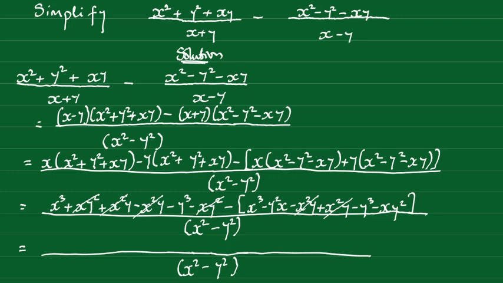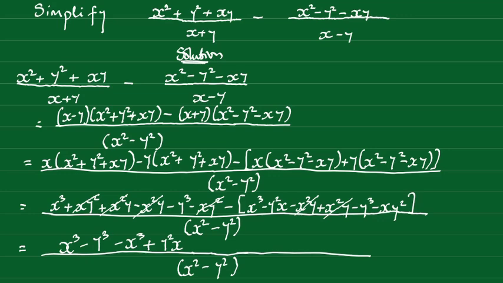All right. Now this leaves us at our numerator with x cubed minus y cubed. Then our minus goes in, it multiplies in order to remove the bracket remaining at our numerator. Minus times x cubed, we have minus x cubed. Minus times minus y squared x gives us plus y squared x.